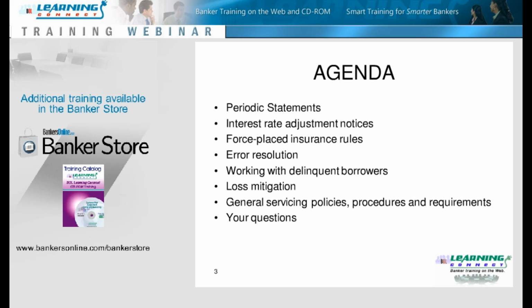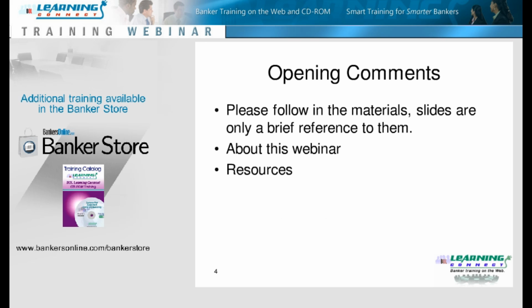They tell you what's required in terms of prompt processing of payments, how to handle payoff statement requests, how you must respond to notices of error or requests for information, and what the timing requirements are for you to respond to those things, what you are required to do before you can impose a charge on a consumer for force-placing hazard insurance, and then a laundry list of various matters that relate to delinquent borrowers.